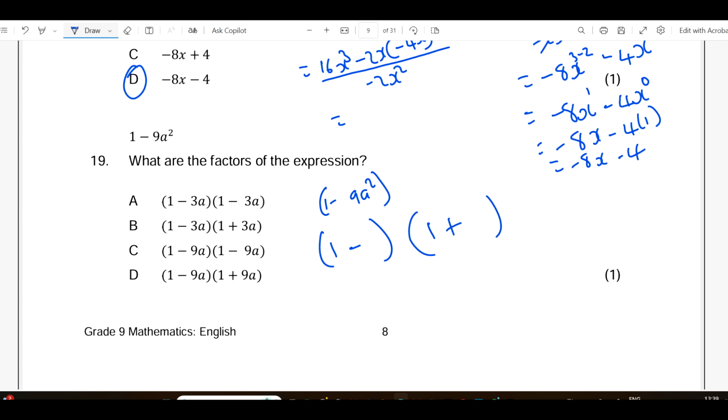It's going to be 3a, because negative 3 times 3 is going to be minus 9a squared. The correct answer is B.